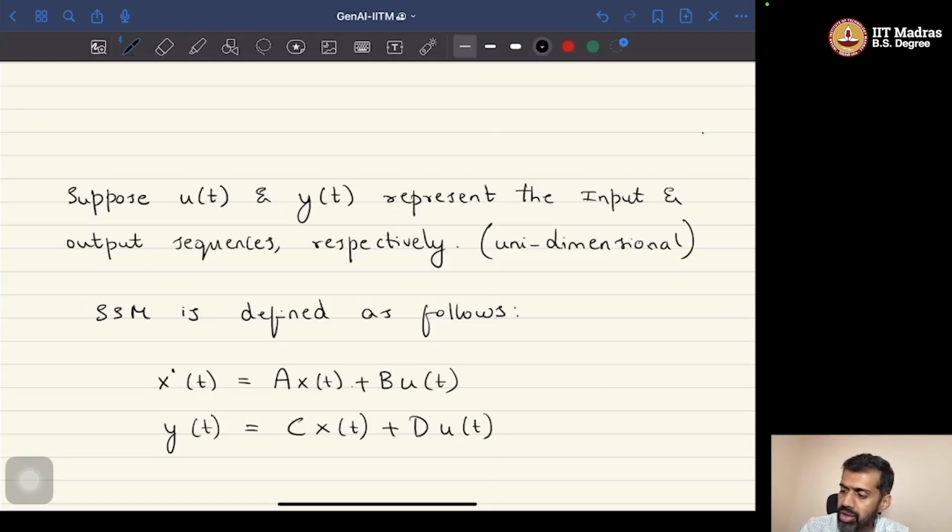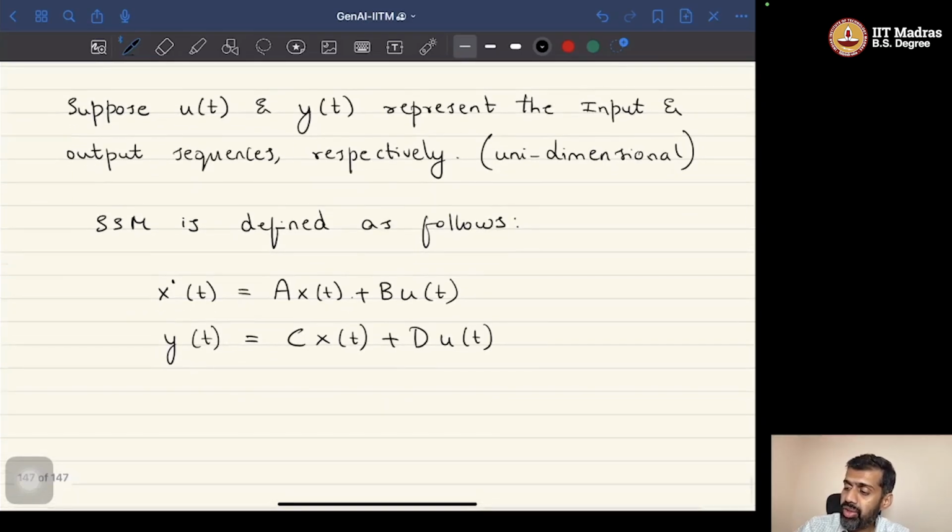Those of you who are familiar with the classical control theory literature would readily recognize this as the classical one-dimensional state space model that is defined to handle dynamical systems.